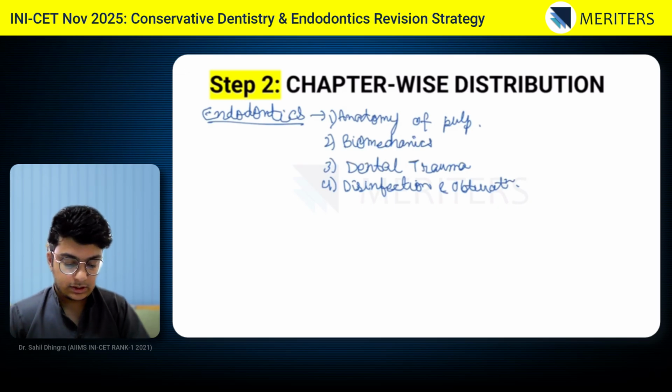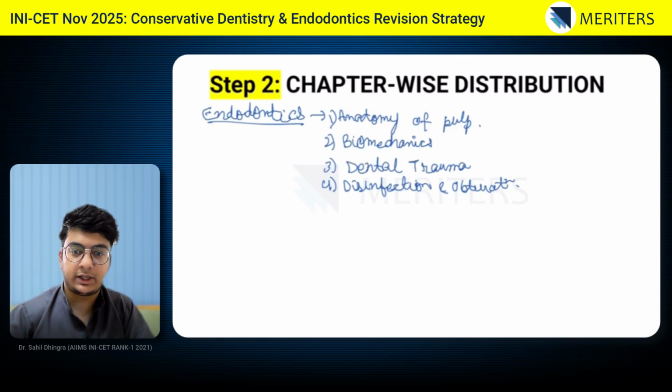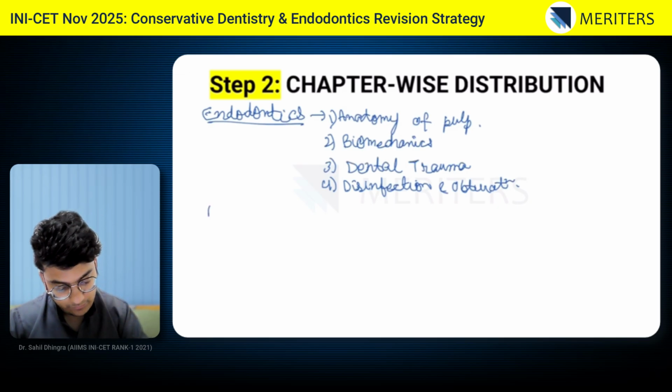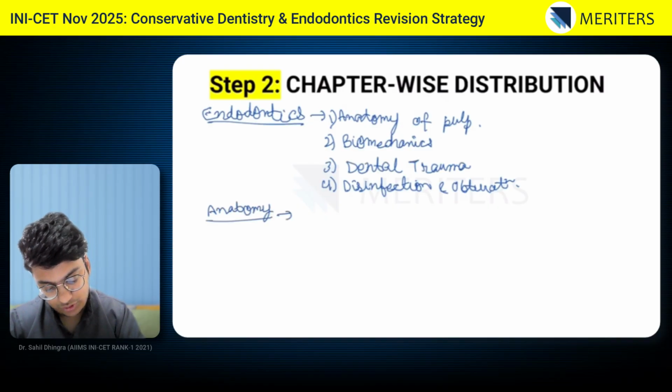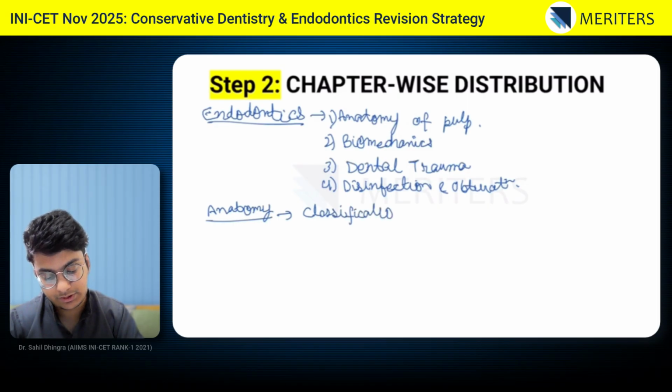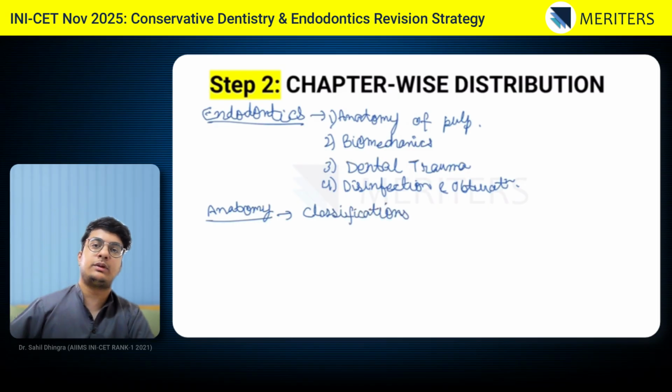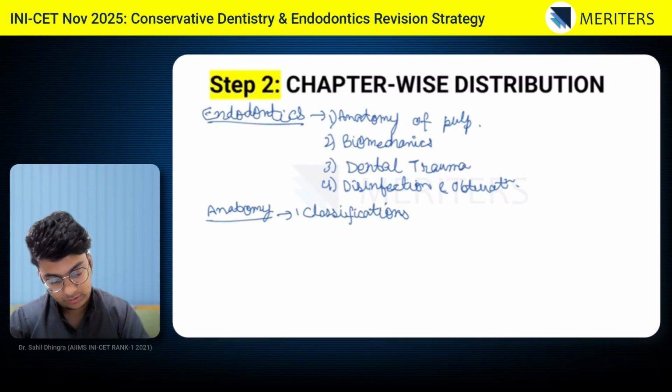So let's see what are the important topics you have to cover in your endodontics. First, in the anatomy of the pulp cavity, in this chapter, most important thing is the classifications. At least 2 to 3 questions every year in your INI-CET are coming from these classifications.